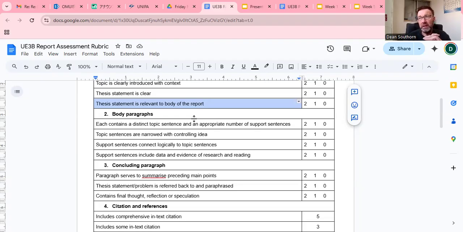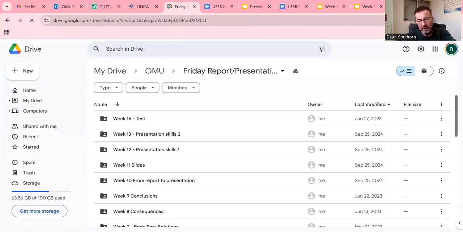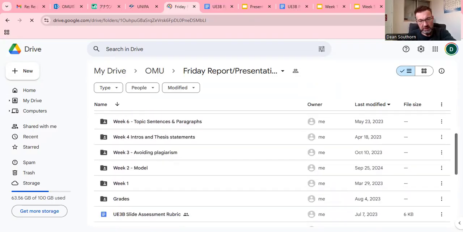And remember, we looked at topic sentences, whether they are too general or too precise. And we said don't use examples in topic sentences because that makes them too precise. Let's just go back, see if I can find that lesson just to remind you.